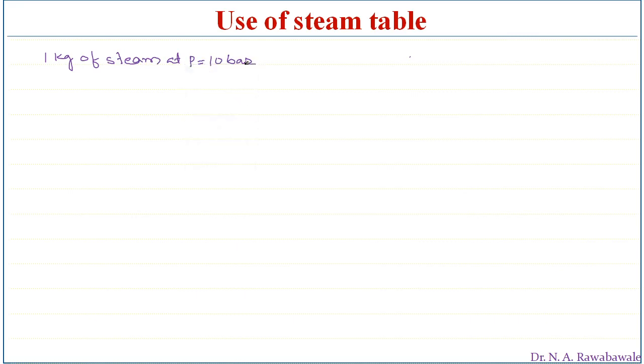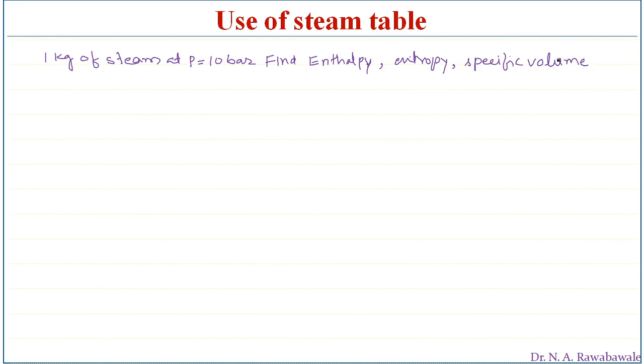We have steam at a pressure of 10 bar, and what we have to find out here is the enthalpy, then the second one is entropy, then specific volume of steam.